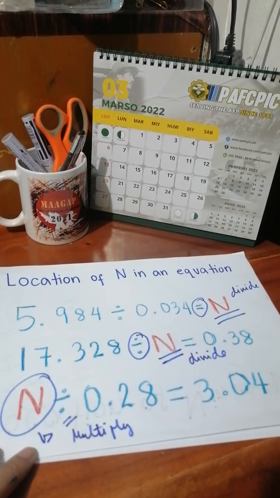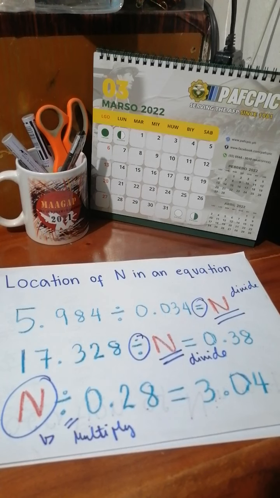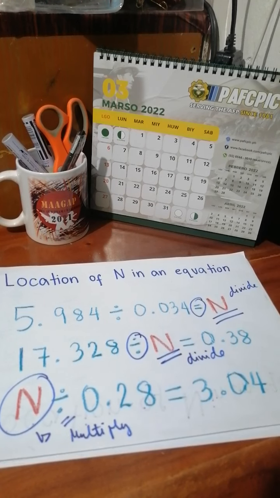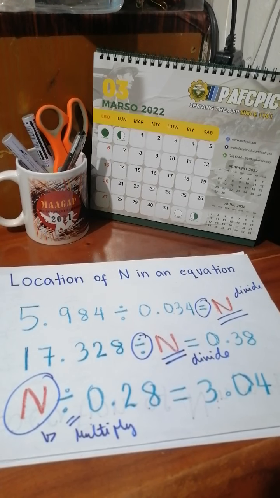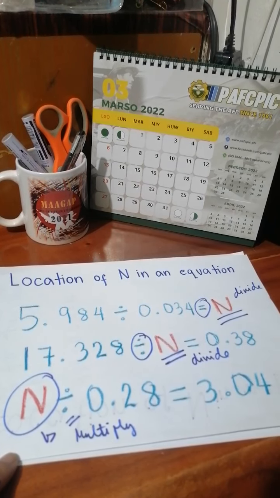Okay? So, you need to multiply. Yun yung mga dapat mong tandaan if you are solving the value of n in an equation, especially if you are doing the equation in division operation.